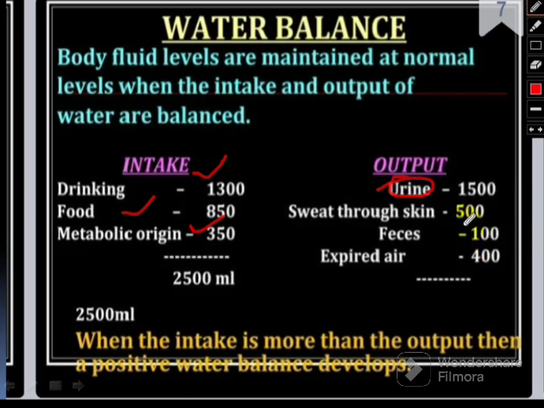Okay? And then through feces, about 100 ml of water can leave your body. And then via expired air, as you expire, water is also leaving in form of vapor. So about 400 ml of water can leave your body this way. So the question would be, what exactly is water balance?